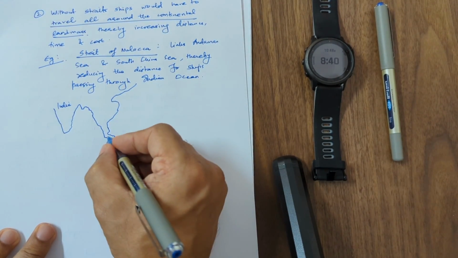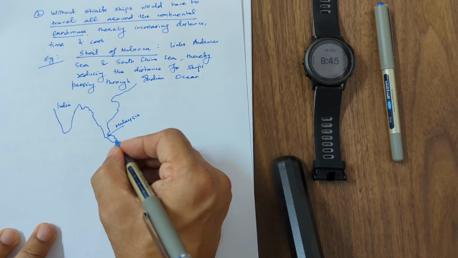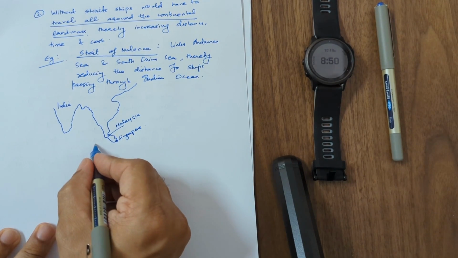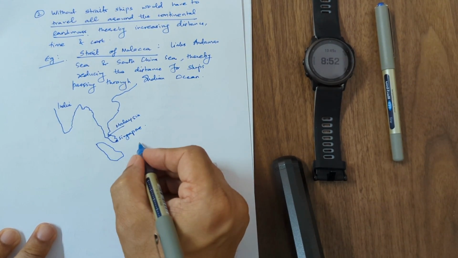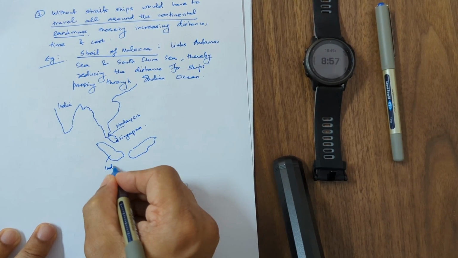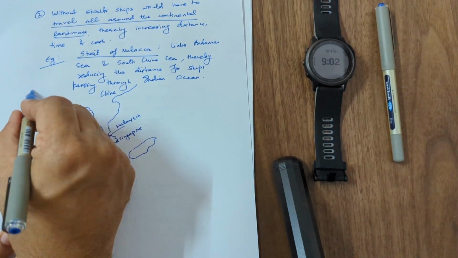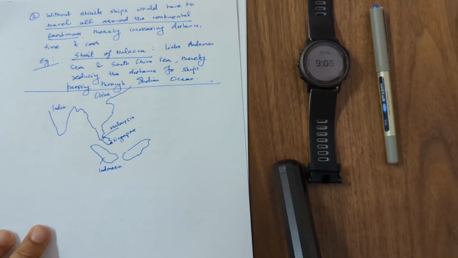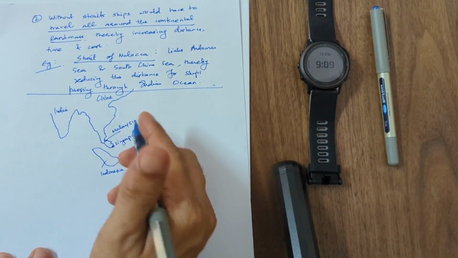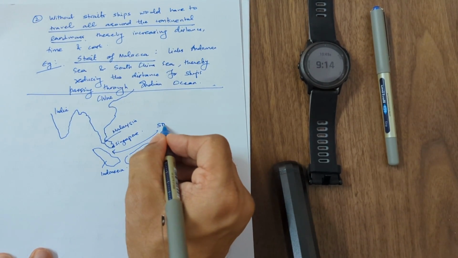All right, this is Malaysia, this is Singapore, this here is Indonesia, this is Borneo, like different islands. Indonesia, this is China. So like this you can sort of draw a line also in order to differentiate, and this is the Strait of Malacca.